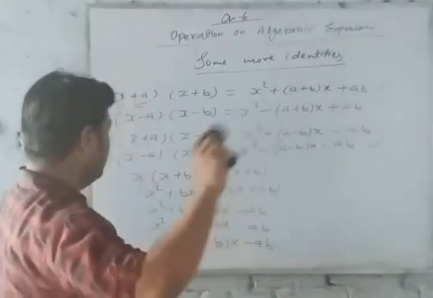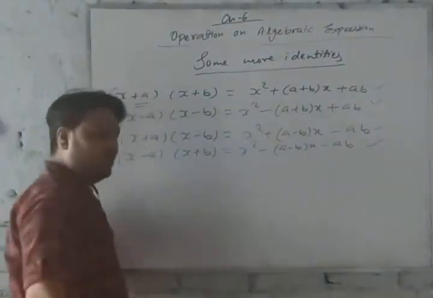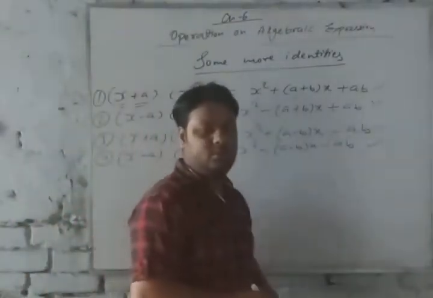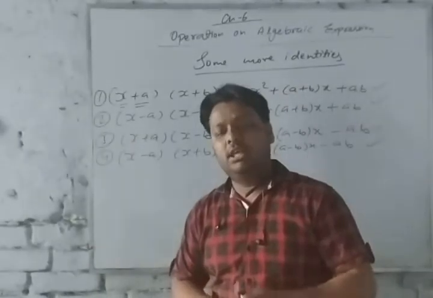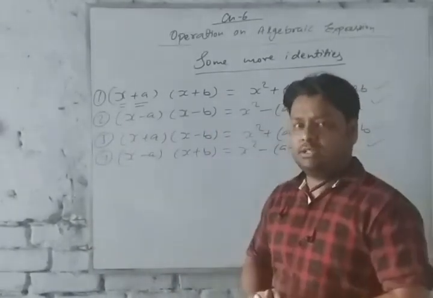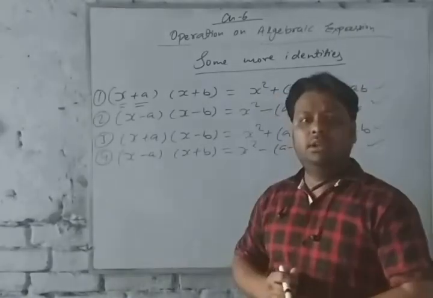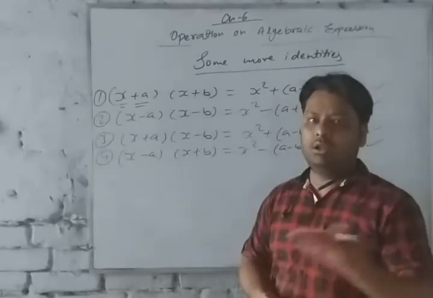And now one more thing. It is very difficult for the students to learn more than identities. Most of the students have already learned, okay. But there is a problem that always occurs. They forget the identities, then questions are unsolved.